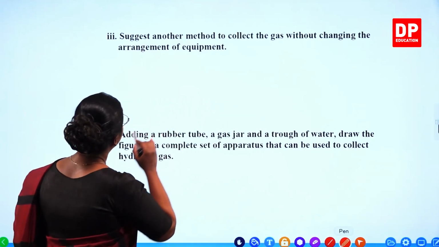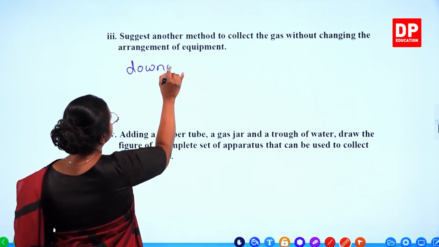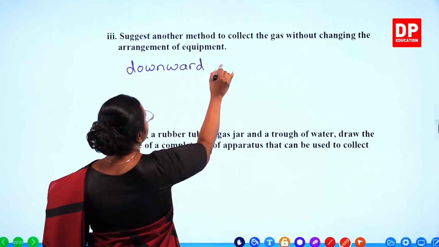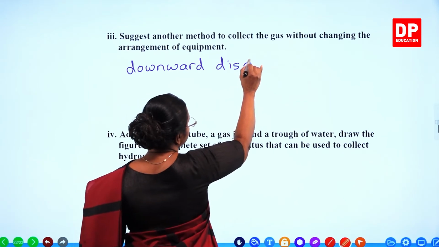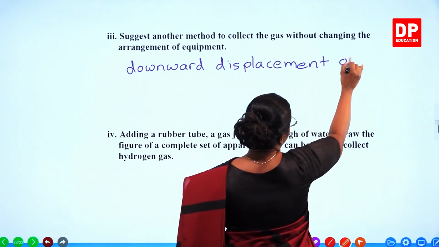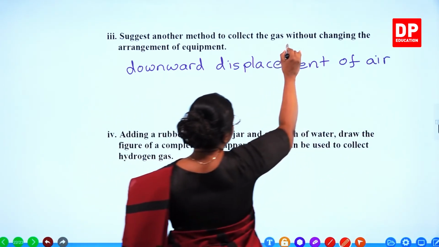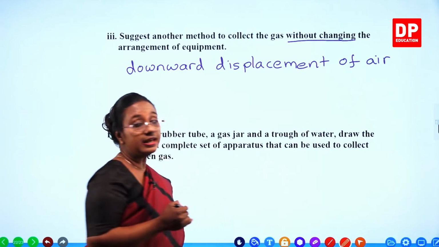So there we can use downward displacement of air. So here again, students, you have to remember they say without changing the arrangement.